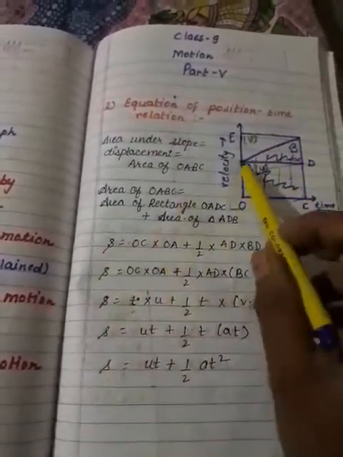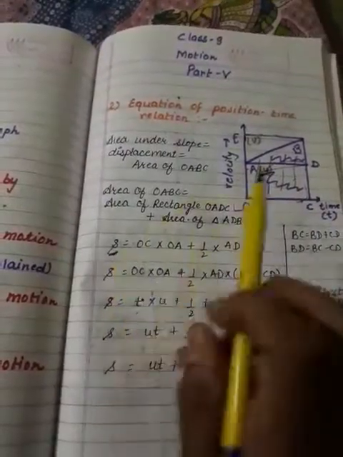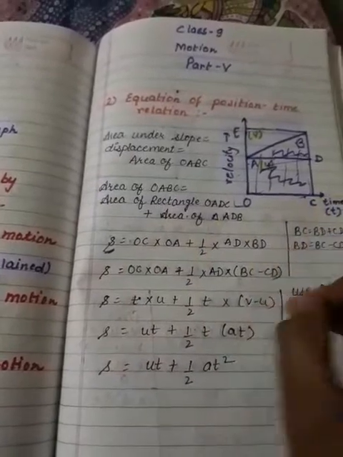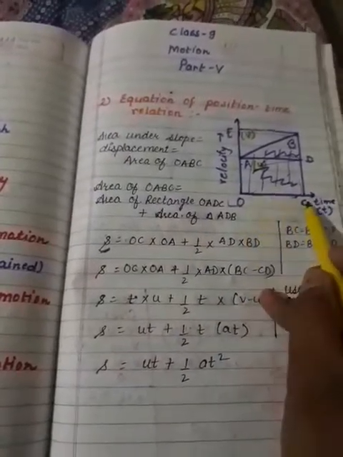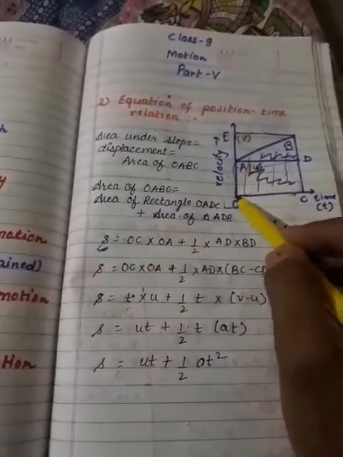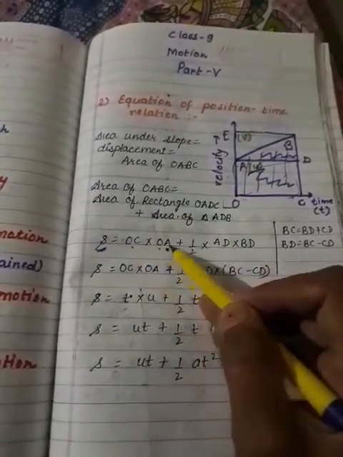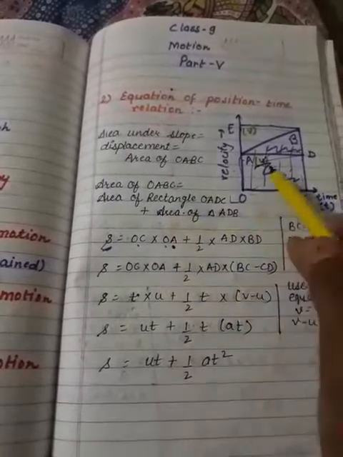So OABC is our displacement, we can write small s. And what is the area of a rectangle? Length into breadth. Its length is OC and breadth is OA. So we will write here OC multiplied by OA plus the area of triangle ADB.